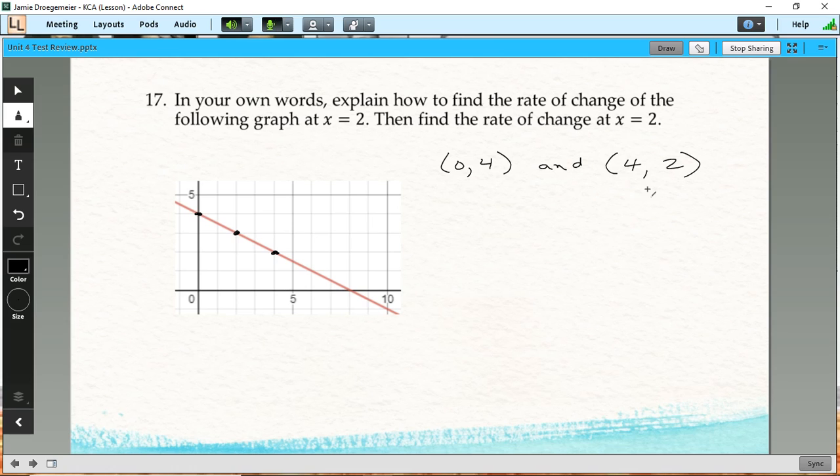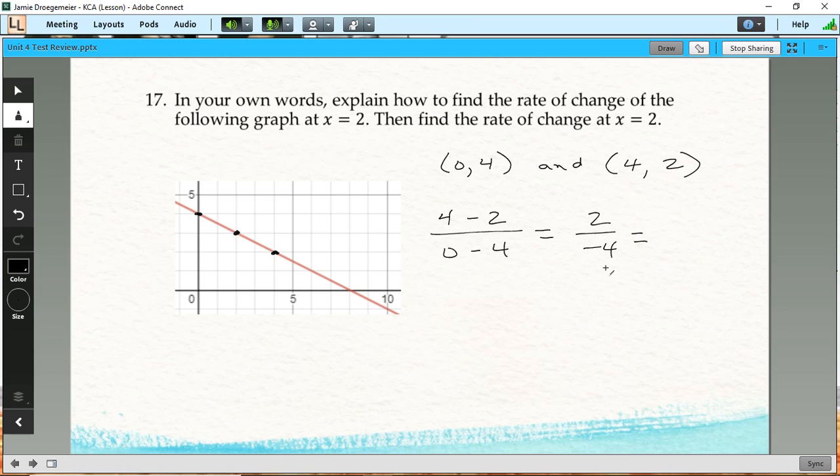Once we have those points, now we can use our rate of change formula that we had. If I take the y value from one point minus the y value from the other, then take the x value from that first point minus the x value from the second point. Now I just need to do that math. 4 minus 2 is 2. 0 minus 4 is negative 4.